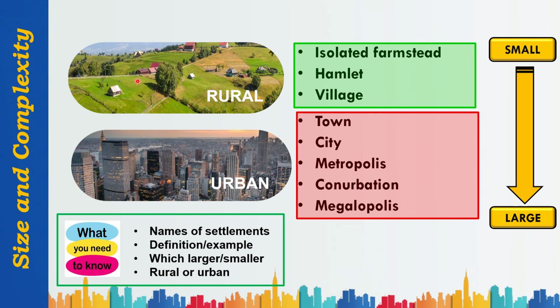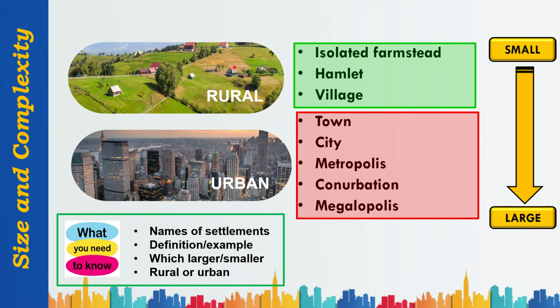Okay, and then a hamlet is a small group of farms. You can see this is farmstead number one, number two, number three, number four, number five, number six. So this image here is actually showing us a hamlet, a group of small farmsteads.